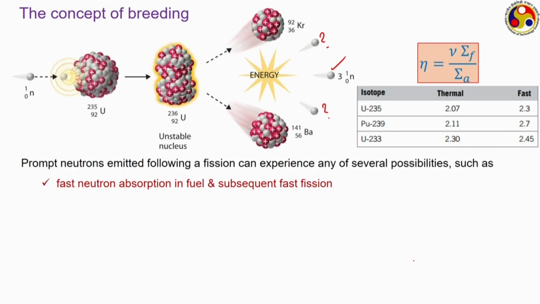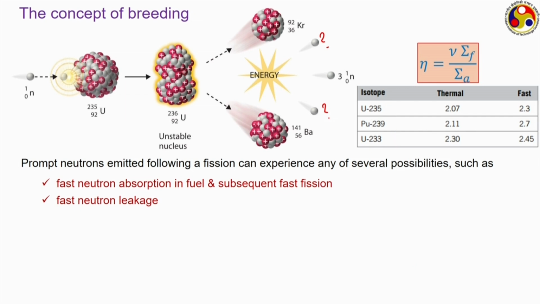These neutrons initially, of course, are the prompt neutrons. We already know the neutrons emitted directly from the fission reactions are called prompt neutrons, and they carry a significant amount of energy. They are essentially all fast neutrons. These fast neutrons can get absorbed in the fuel and participate in subsequent fast fission, but the probability generally is quite low, because the fast fission cross section for these isotopes is generally quite low.